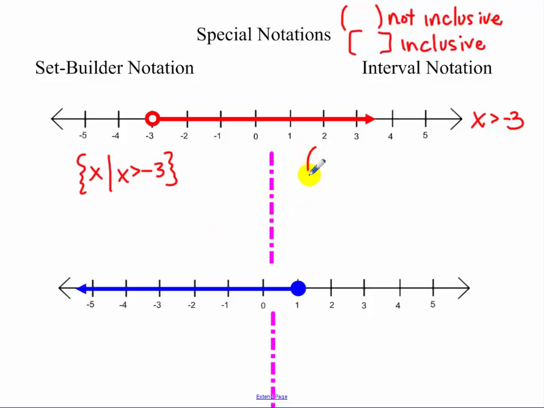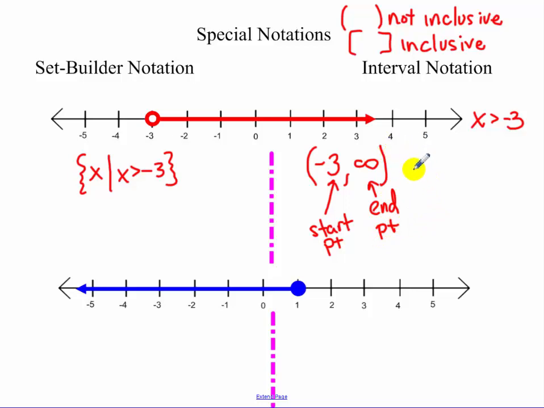We use a parenthesis because we don't include negative 3. So it's negative 3, comma, and then our endpoint. It goes on forever, so that's going to be positive infinity. So this is not a coordinate. This is the start point. It tells me that our interval starts at negative 3 and goes forever to infinity.